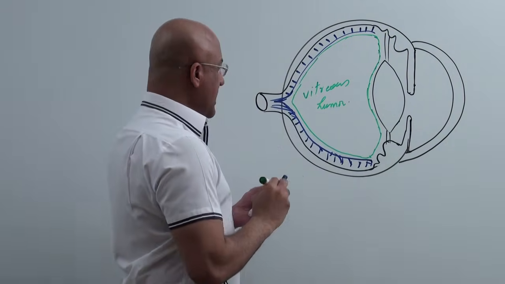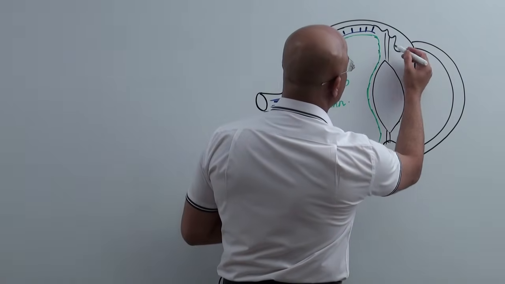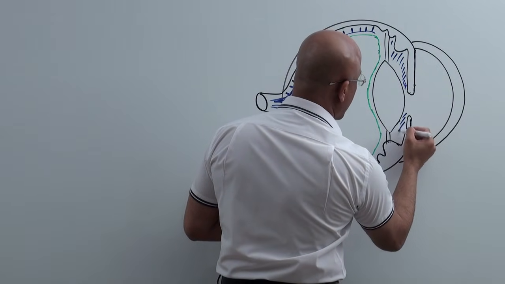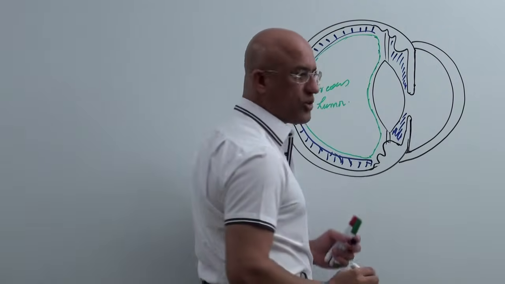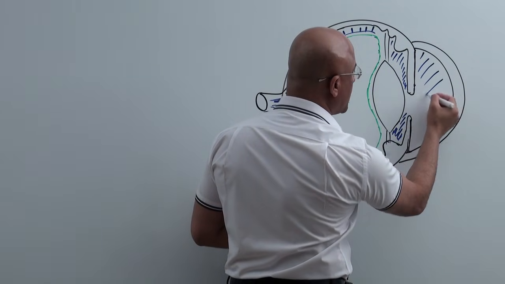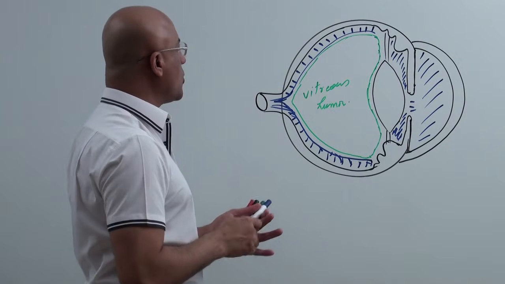The second fluid system is aqueous humor, which is filling this area, called the posterior chamber, and this area also, which is called the anterior chamber.